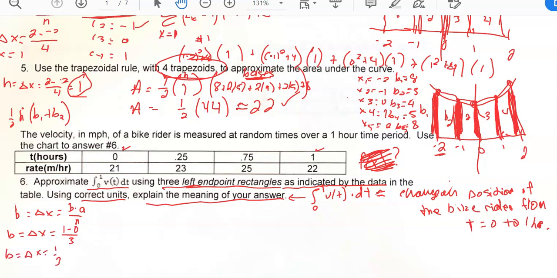But if you look at our table, 0.25, we don't have a 1/3 change. From 0.25 to 0.75, we don't have this 1/3 change, and then 0.75 to 1, we don't have that change. So when it says, as indicated by the data in the table, whether that be rectangles or trapezoids, this is not going to work. These are the ones where we just have to do them all individually.